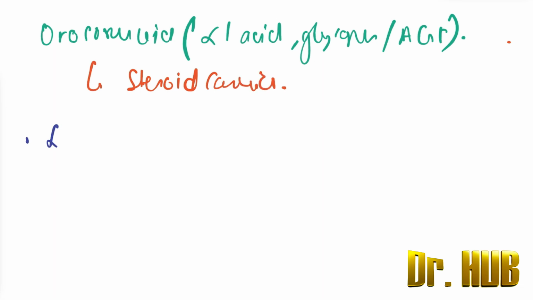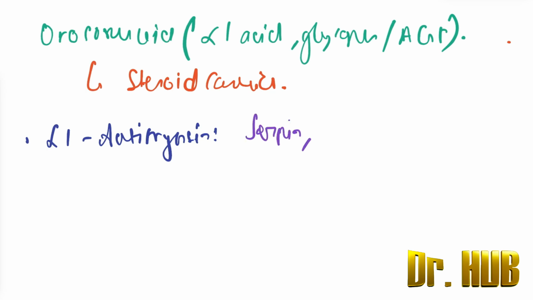Then we look at the alpha-1 antitrypsin. Here the immune system function will be the serpin, as well as it downregulates the inflammation.